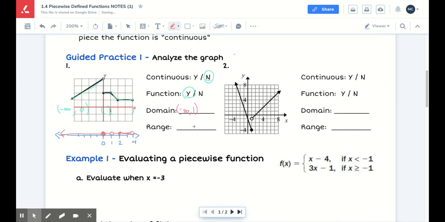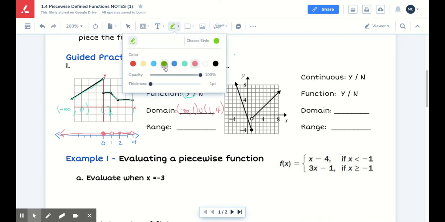So I would put 1, the x value at the open dot, and close it with parentheses. And then I'll say union, because on the other side of 1, it picks up again, and it is continuous then from 1 all the way to 4. So I would use parenthesis to not include the 1. And then at 4, it was an open dot as well, so I would close parentheses there. So that would be my entire domain.